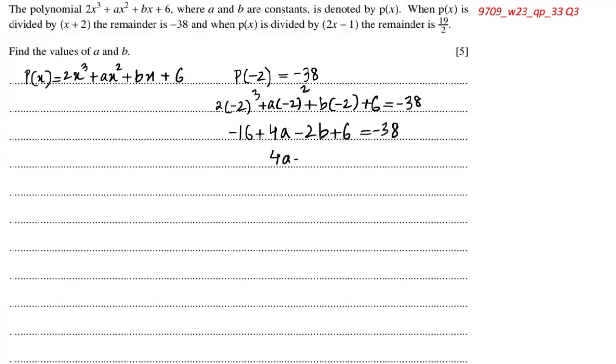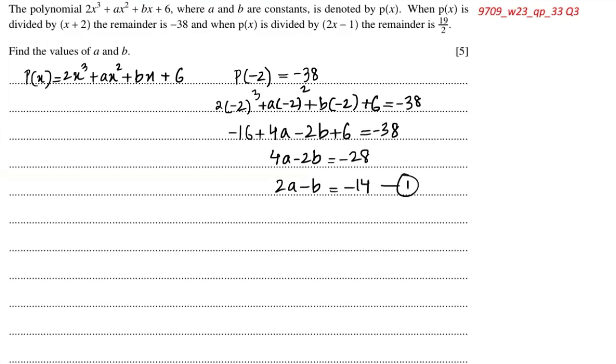This becomes 4a minus 2b. So this is a negative 10, so it becomes a positive 10 equals minus 28. So I can maybe simplify this a little further, like minus 14. So let's call this 1. I divided the whole equation by 2.